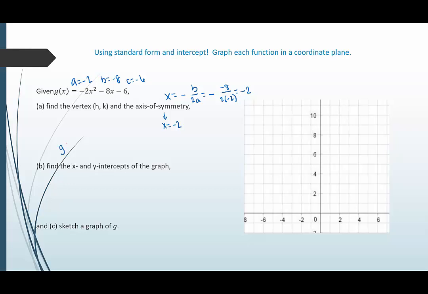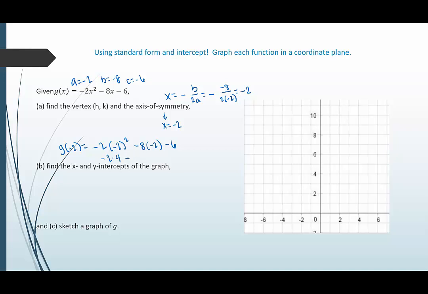So we're going to say g of -2, and we have -2 times -2 squared minus 8 times -2 minus 6. Order of operations says we need to do this exponent first. -2 squared is +4. It's still getting multiplied here, but we'll deal with that. I can work on this middle term now.